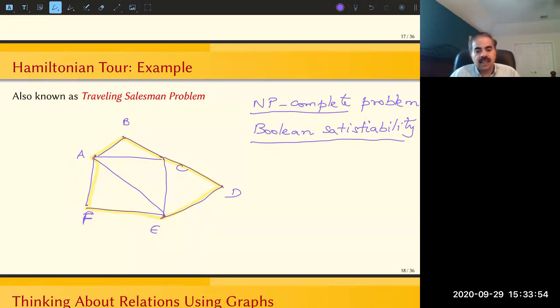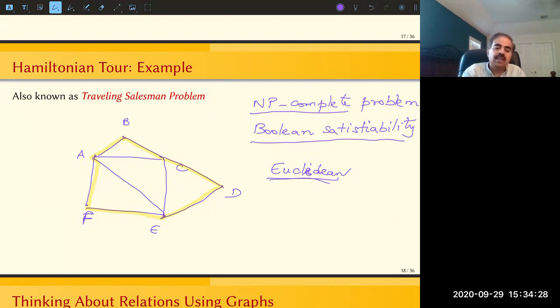So for instance, there is a version of Hamiltonian tour called Euclidean Hamiltonian tour. Euclidean refers to a notion of distance, and it basically corresponds to the way we measure distance, let's say, in the physical world, right?